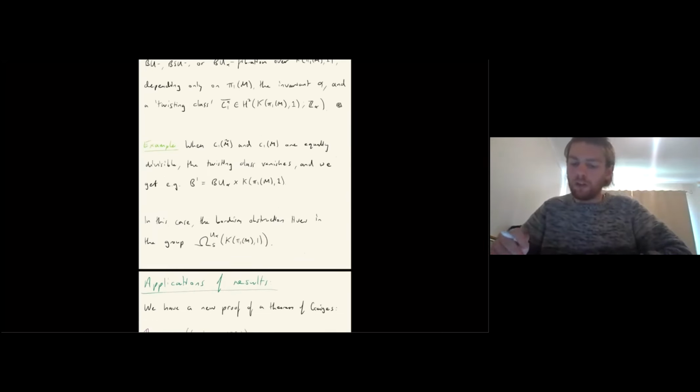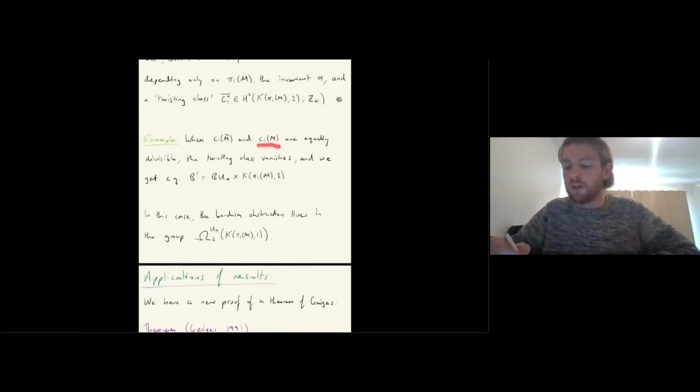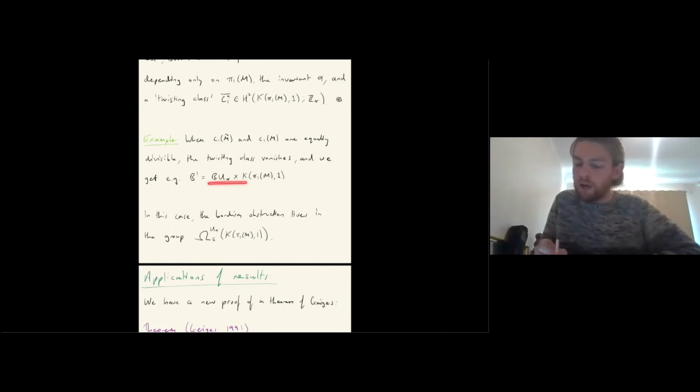And circling back to this example, there's this twisting class, but if the first Chern class of M tilde and the first Chern class of M are equally divisible, in some sense, the twisting class measures the difference between the divisibility of the first Chern class of M and its universal cover. So if they're equally divisible, the twisting class vanishes, and you get a trivial fibration, so you just get a product.